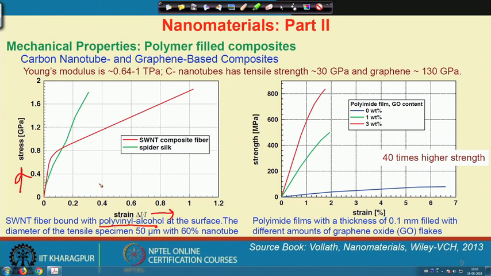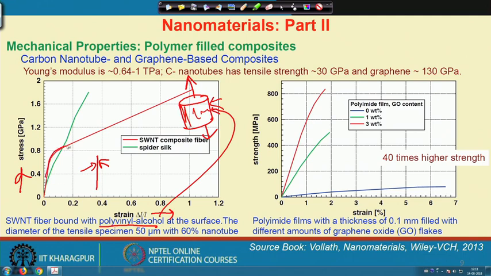Here we take a single wall nanotube and put some polyvinyl alcohol at the surface of the single nanotube fiber, which is under straining. In a microscopic scale we can assume that this is a nanotube, we put some polyvinyl alcohol on the surface and then we are straining it.